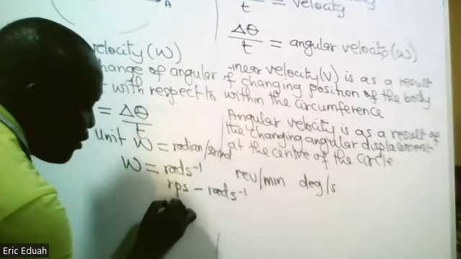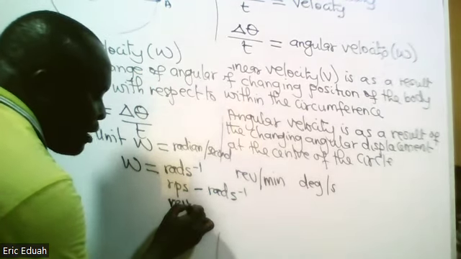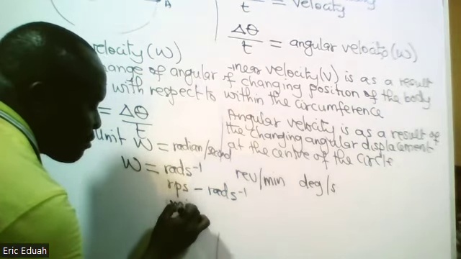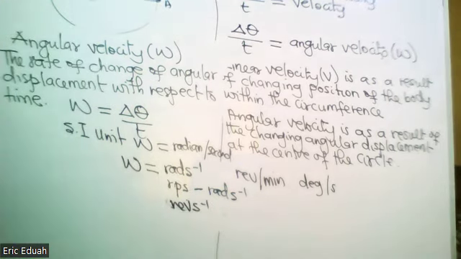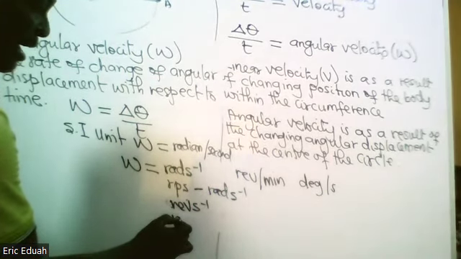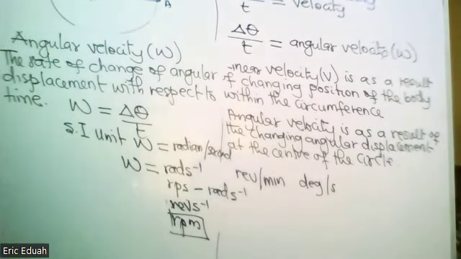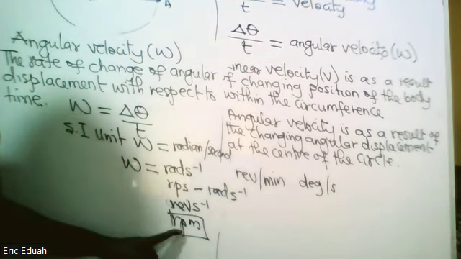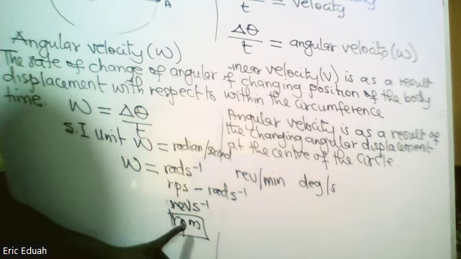When you see rev, we are referring to revolution per second. When you see RPM, this is either radian per minute or rev per minute.